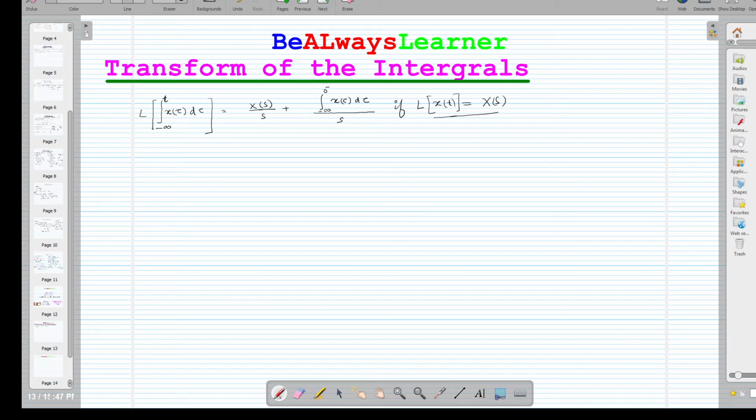So the proof of this property is as follows.